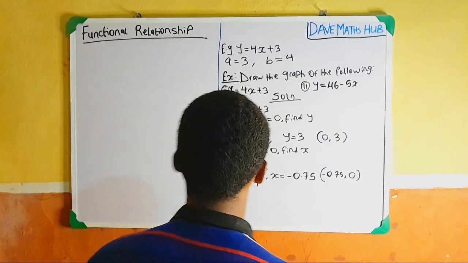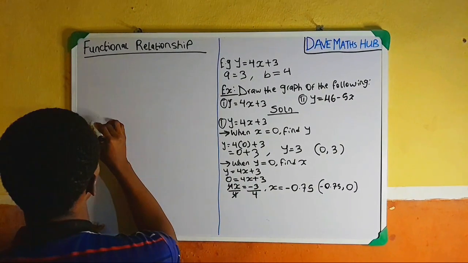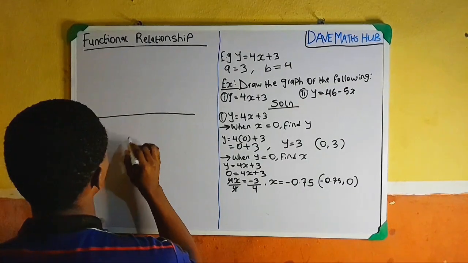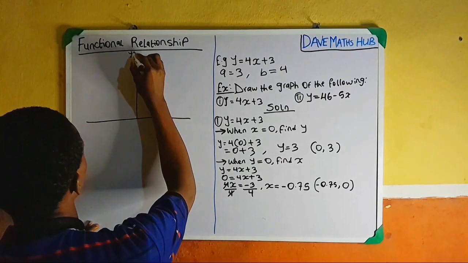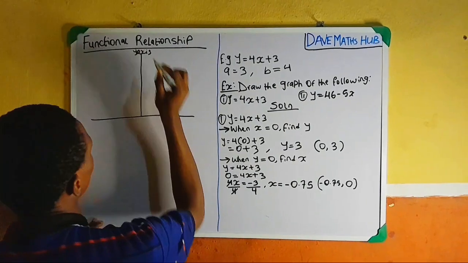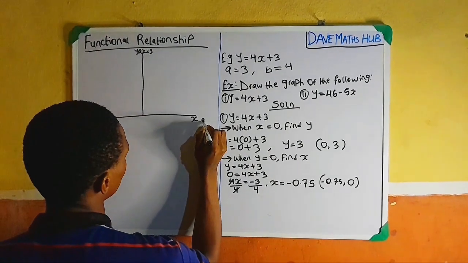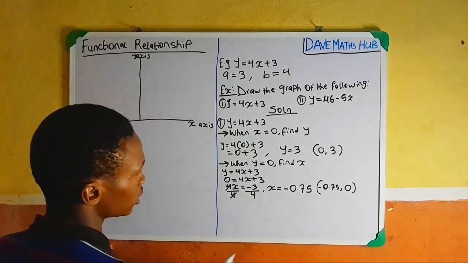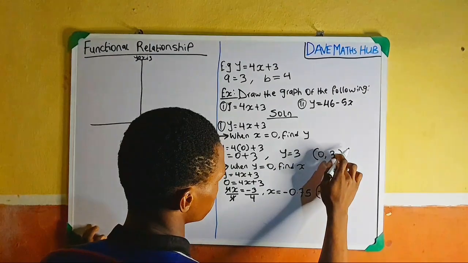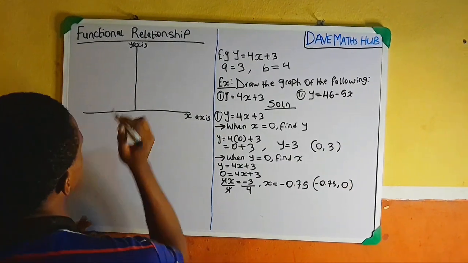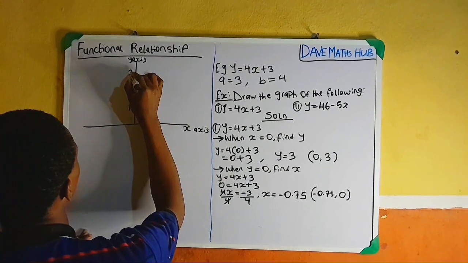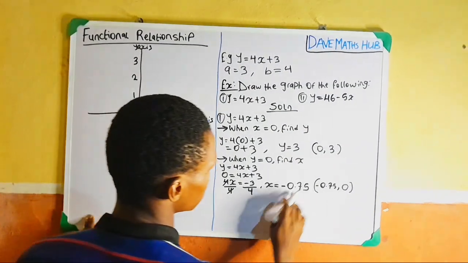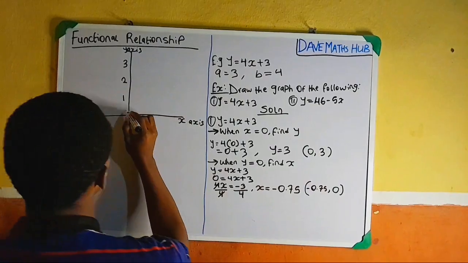So let's put this in a diagram. This is our y axis, and this is the x axis. The highest for y is 3. We can use 1, 2, 3. Then we have here as our 0.